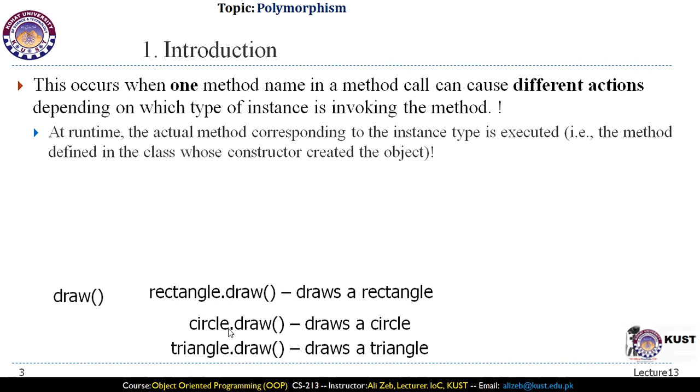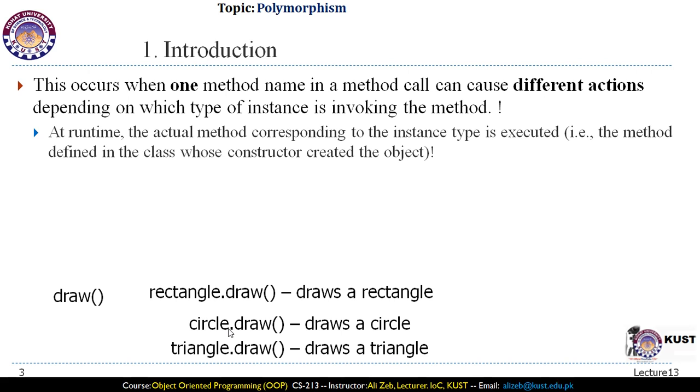Now each of these classes will have its own definition of the draw method, and as you can understand, we are using method overriding here. We have a method in the superclass, the draw method, and we are overriding that method in our subclasses.